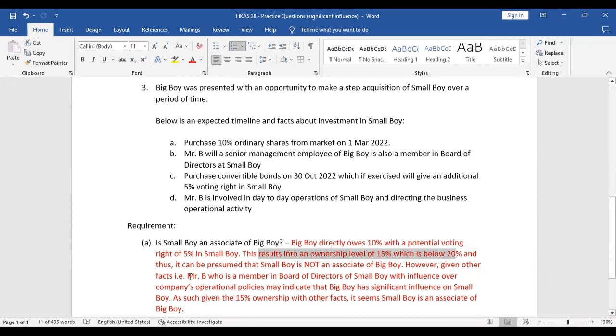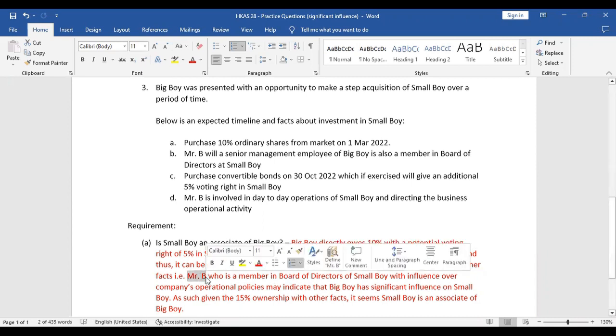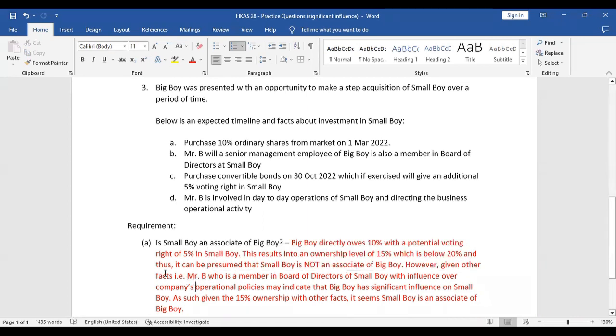If you look at fact B and fact D, they point towards the company big boy having significant influence over small boy. How is that true? It's true because Mr. B is sitting on the board of directors of small boy, so he's in a very powerful position there. He's in senior management.